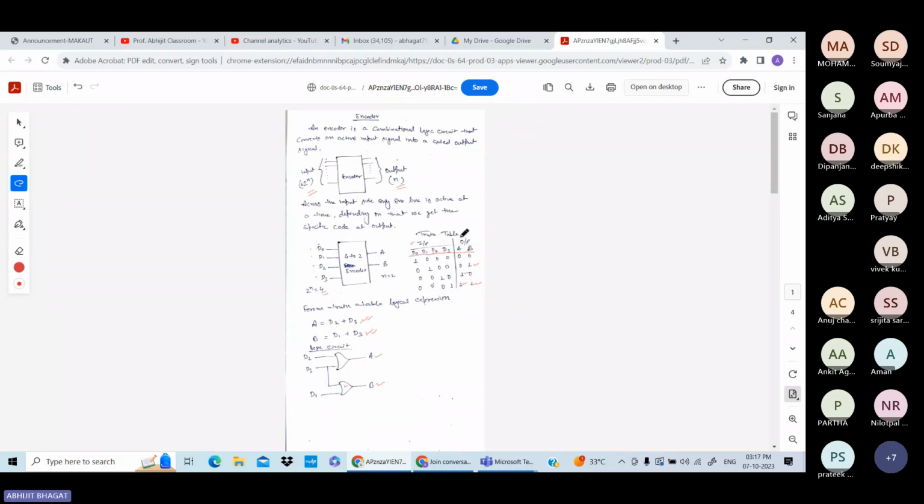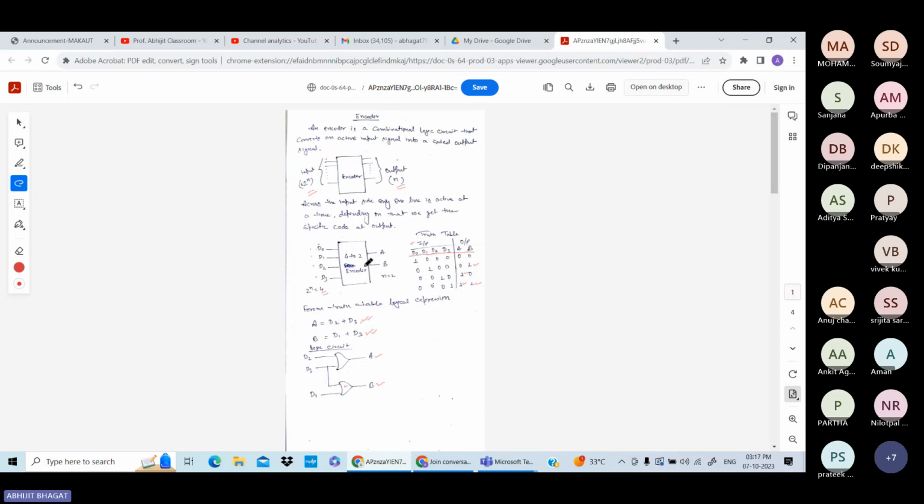Next we discuss the truth table. In the truth table, what are the inputs? D0, D1, D2, D3 are the inputs. A and B are the outputs. In case of an encoder, a single input is active at a time, either D0 or D1 or D2 or D3.